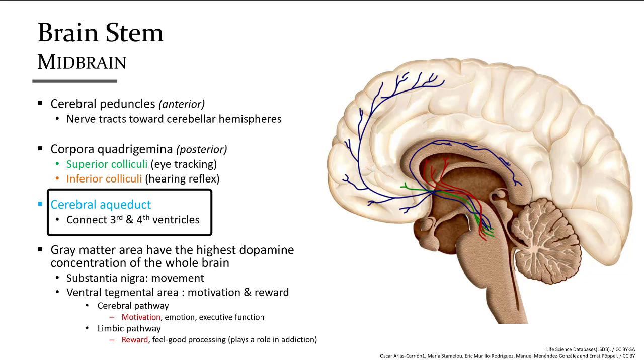Parkinson's disease is associated with neuron death in this region, causing tremors and the distinctive walking movements of those patients. The ventral tegmental area is associated with two pathways that lead into the cerebrum and play a role in emotions, feeling good, and reward patterning. These two regions contain neurons with the highest concentration of dopamine in the entire brain.